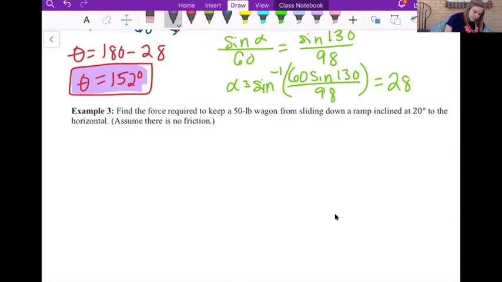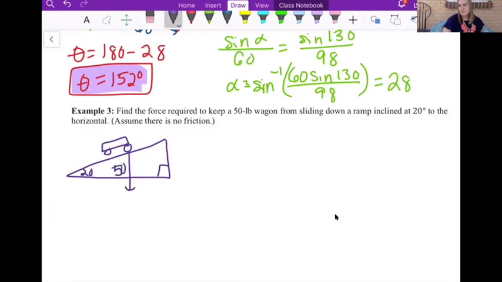So we have our picture where the ramp is 20 degrees, and then we have our wagon, and it's 50 pounds. Now, anytime that we have gravity acting on something, it is going to be perpendicular to the ground.